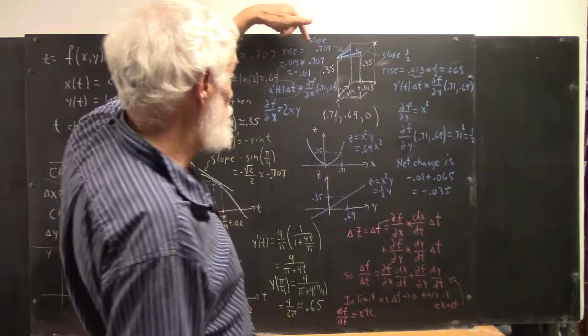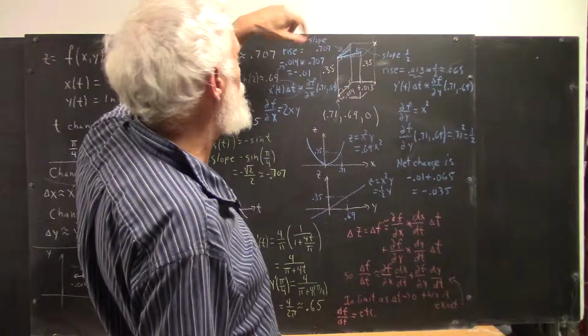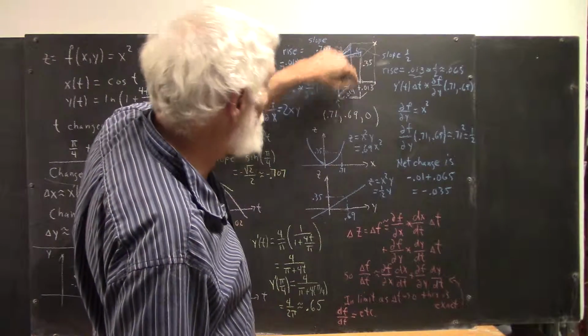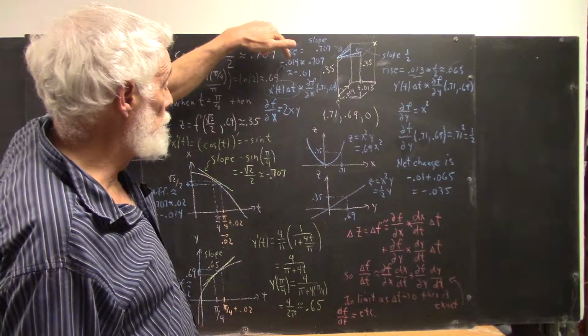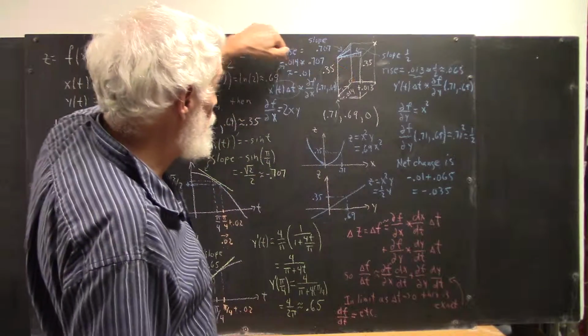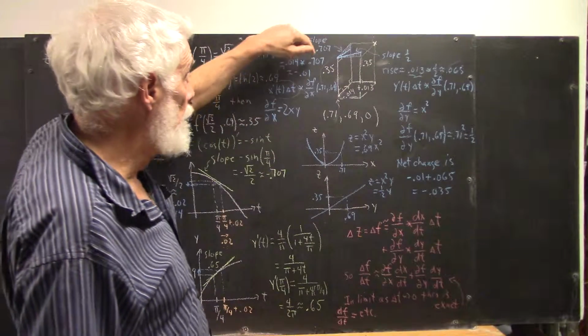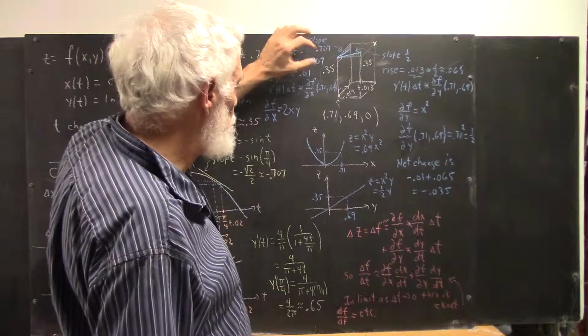I'm sorry, we get a rise over here that's the product of the slope and the run. And even though I calculated it incorrectly, we see that the run is the negative 0.014, which came from x prime of t delta t. The slope is the 0.707.